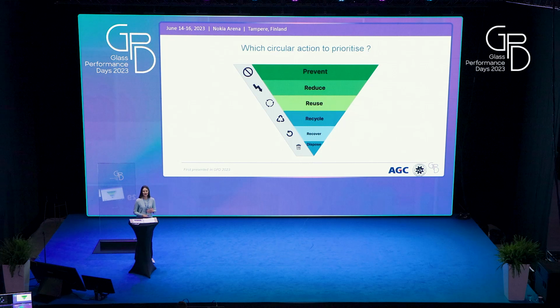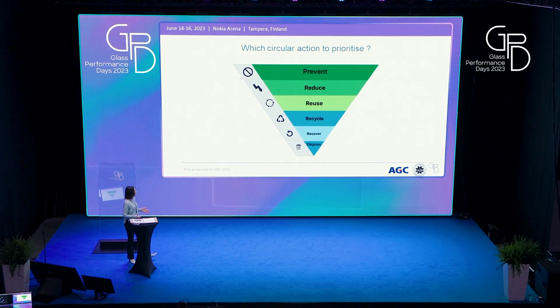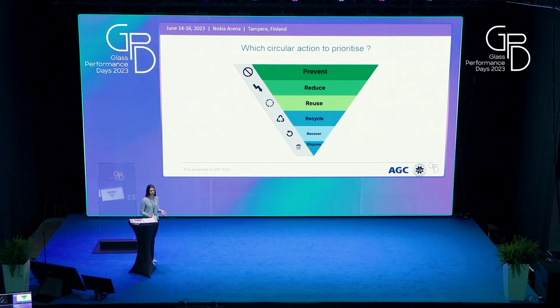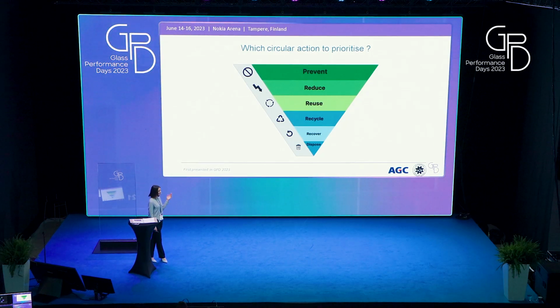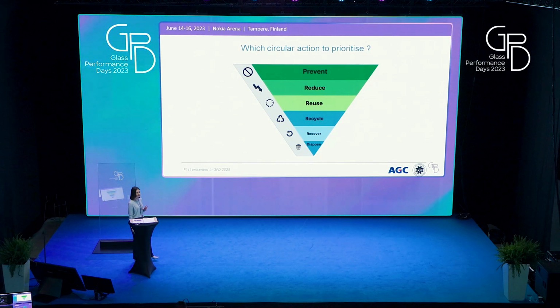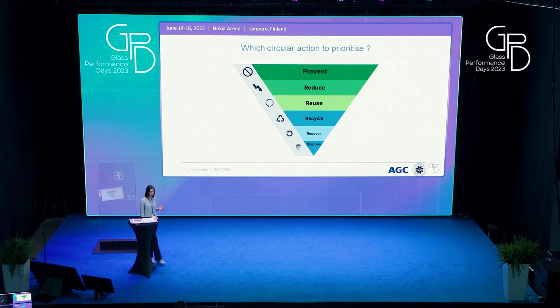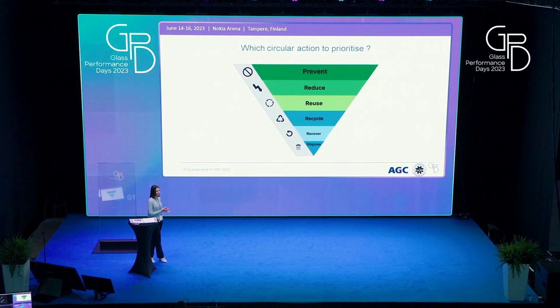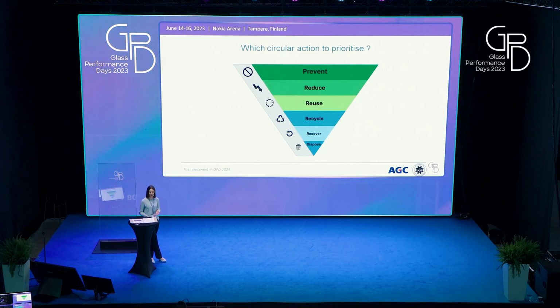And in the rush to provide solutions for these problems, we should not forget that every circular action has different environmental benefits associated. The waste hierarchy triangle represented here shows you the different environmental benefits associated to the circular actions that could be undertaken at the end of the material life cycle.